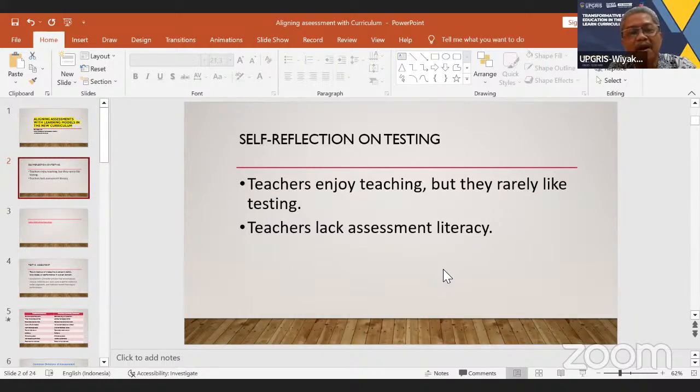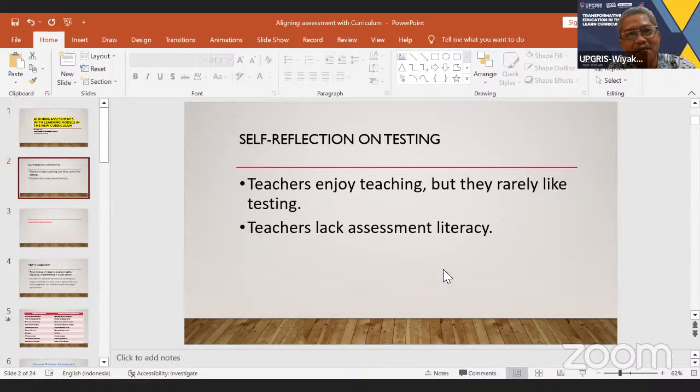Yeah, some of us enjoy teaching, but we do not like to give tests to our students. In reality, we enjoy teaching from week to week, from day to day, while probably if it is not the time for testing, we do not give tests to our students.